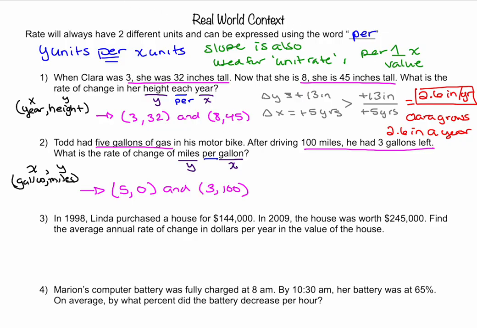So as we do this, our change in y is from 0 to 100, so that is plus 100 miles. Our change in x will be from 5 to 3, which is minus 2 gallons.